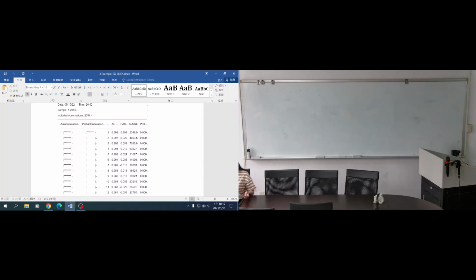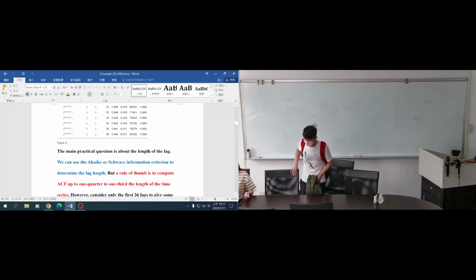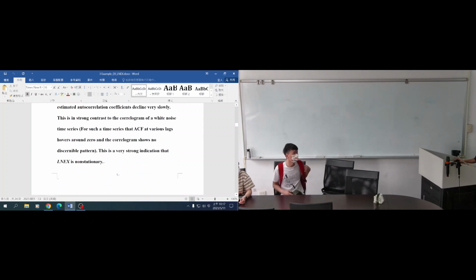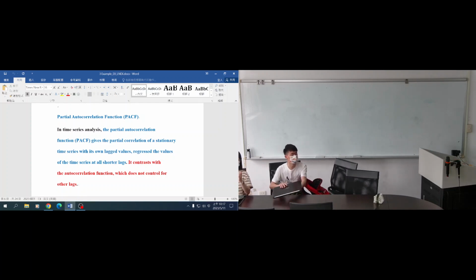Okay? And what's the difference between partial autocorrelations and autocorrelations? Look at the partial autocorrelation function. We can think about the difference this way: we learned about multicollinearity issues, right?